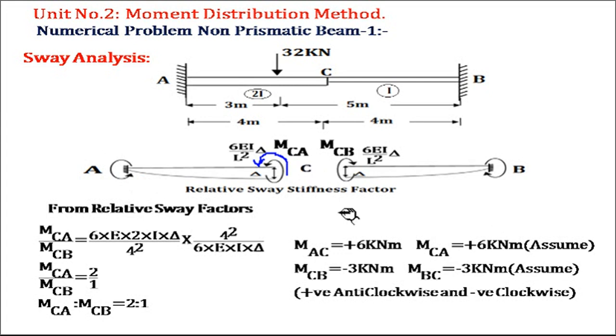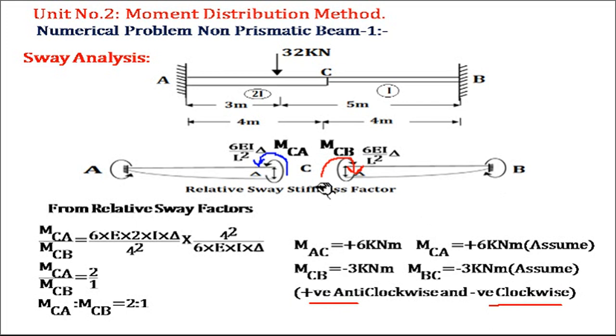Now in member CB the moment induced will be in clockwise direction, and the same moment will be induced in member BC in clockwise direction. As per our sign convention, anti-clockwise is positive and clockwise is negative.